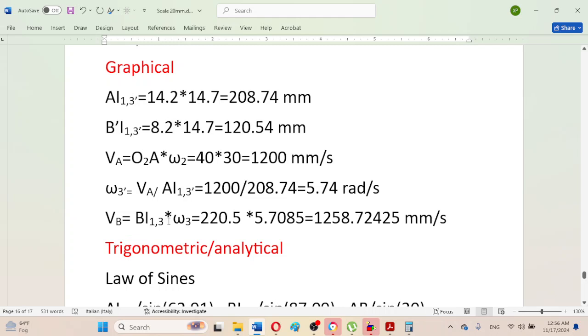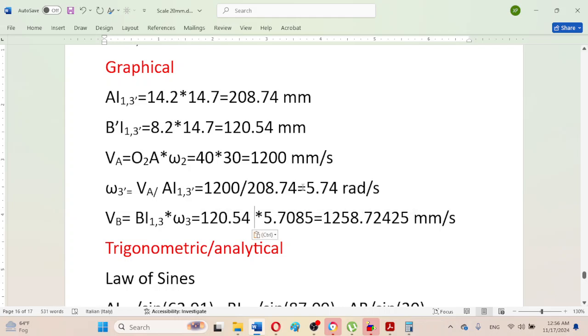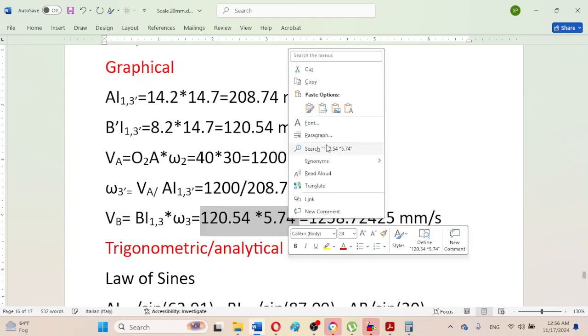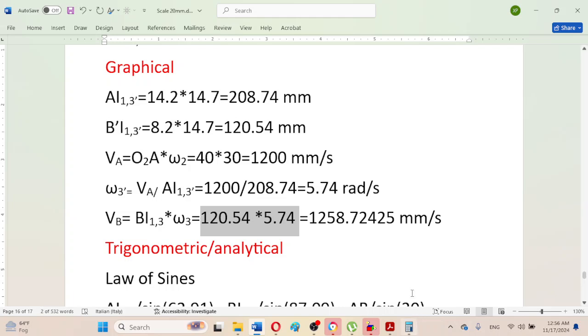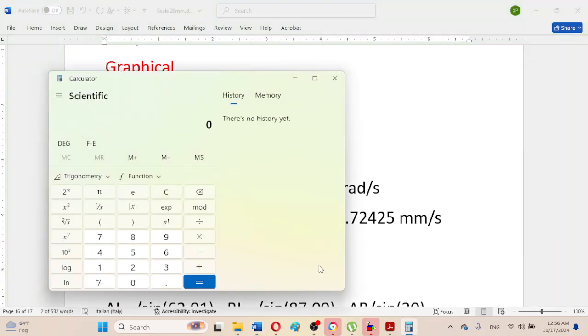So I13 dash that has been calculated here, just copy it from here and paste it here, and now just calculate this angular velocity from here and paste it here. So now we can just multiply it.